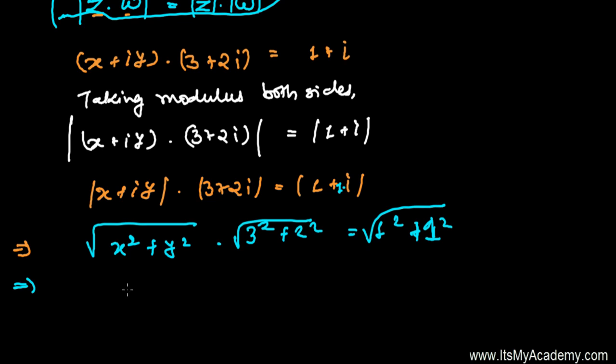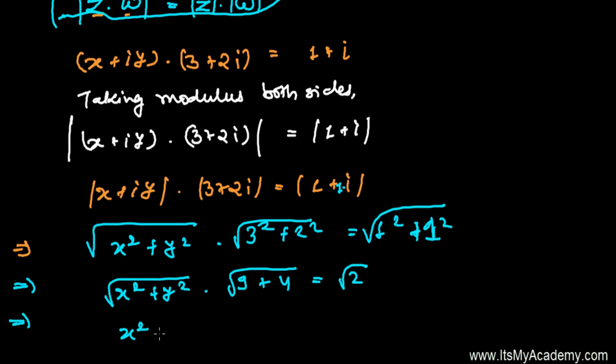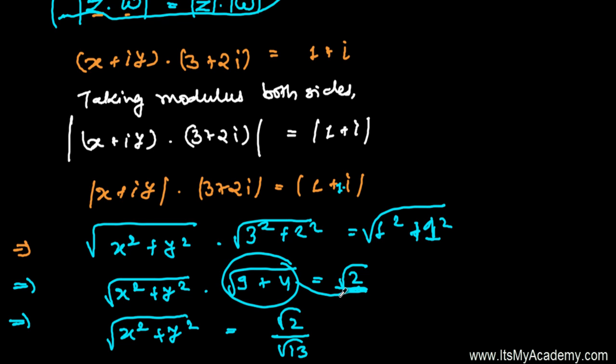Further, it's going to be root of x square plus y square times root of 3 square, that is 9, plus 2 square, that is 4, equals root of 1 plus 1, that's root 2. So root of x square plus y square equals root 2 over root 13. This thing is being divided here, so do not get confused.